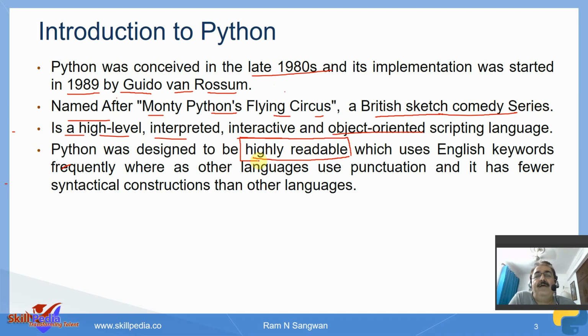But Python makes sure that you don't go out on your own. It gives you indentation, it gives you alignment. When you write the program, you are actually documenting it right when you are writing it. And it is mandatory. It uses English keywords frequently, whereas other languages use punctuation, and it has fewer syntactical constructions than other languages. It's a more intuitive language, I must say, Python.